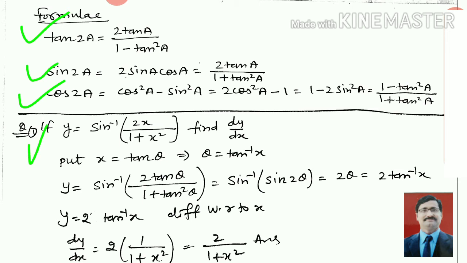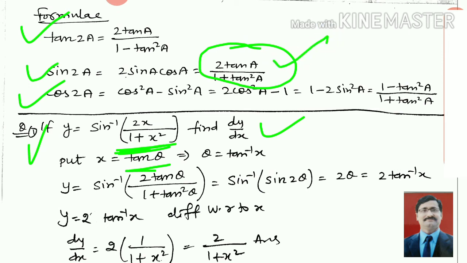Look here, y equals sin inverse 2x upon 1 plus x square, you have to find dy by dx. In these types of questions you have to use the formula. You can compare this formula: in place of x, if you put tan theta, you will get this formula. So in place of x write tan theta, so theta equals tan inverse x. Y equals sin inverse 2 tan theta upon 1 plus tan square theta. 2 tan theta upon 1 plus tan square theta we can write as sin 2 theta.